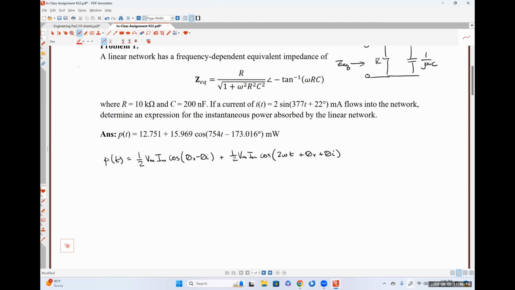In order to apply this equation, we're going to need to know the magnitude of the voltage drop across our network, the magnitude of the current flowing through our network, the phase angle of the voltage, the phase angle of the current, and omega.